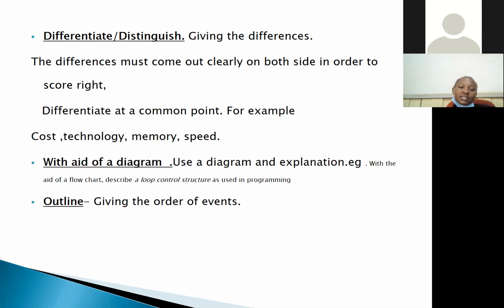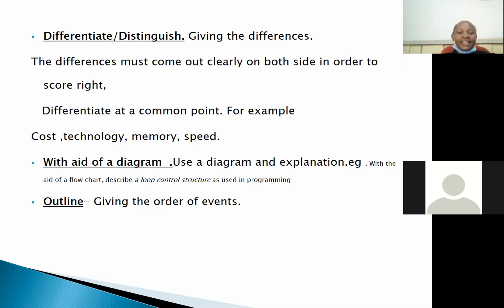Another term is with aid of a diagram. When you are given a question whereby you are told, with the aid of a diagram, like for example, with the aid of a flowchart, describe a loop control structure.